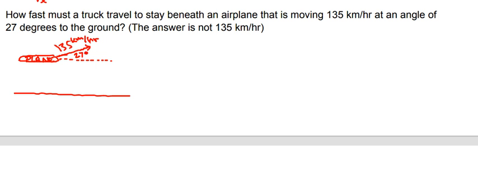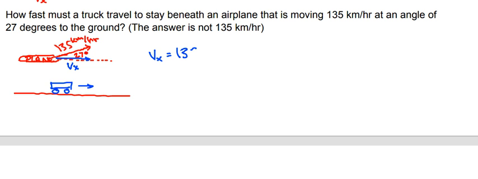Okay. So once again, that velocity is being shared. It's not all horizontal, okay? Which means if we are in a car on the ground, we don't have to travel at 135 kilometers per hour because our velocity doesn't have to be shared. It's going to all be horizontal. We just need to know what component of the plane's velocity is horizontal, Vx.